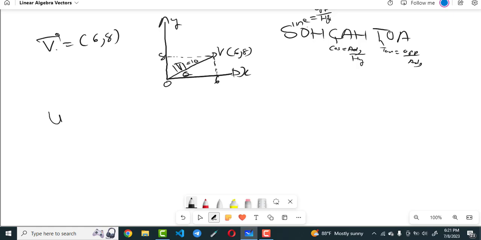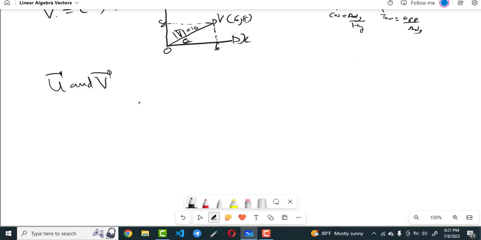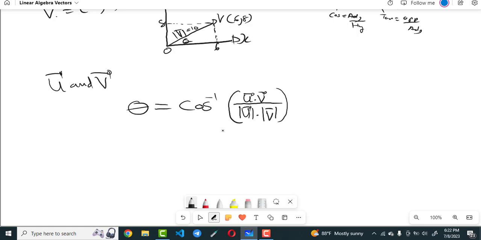Given position vector u and position vector v, the most common formula is theta equals cos inverse of the dot product of u and v, all over the magnitude of u times the magnitude of v. So this is the formula which is normally used.